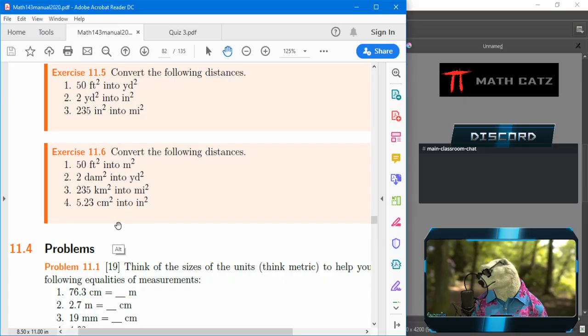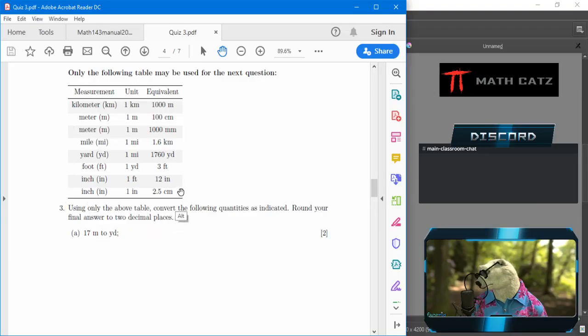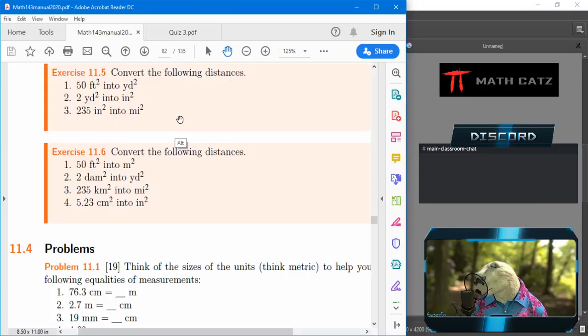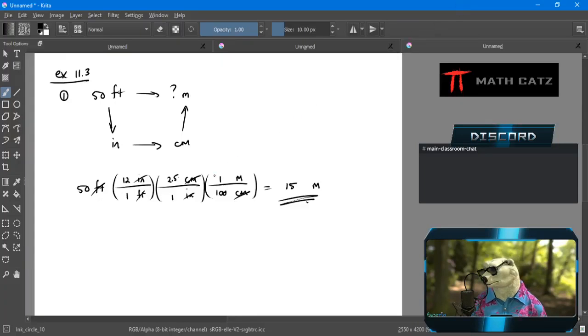But exercise 11.6 gets me to cross over. Now decameters are not covered in the table I'll give you, so I won't ask those, of course. Yours, you want to do 12 square meters to square feet. We have a similar one there. That's definitely one that we need to be able to do, so let's do that.